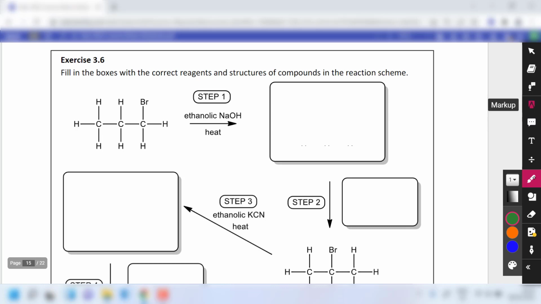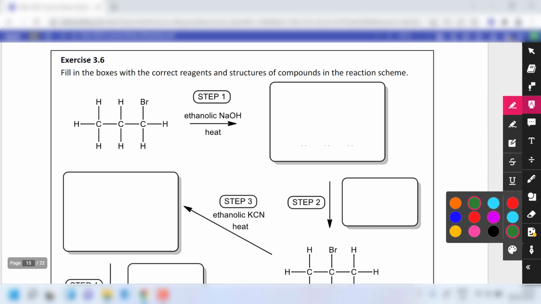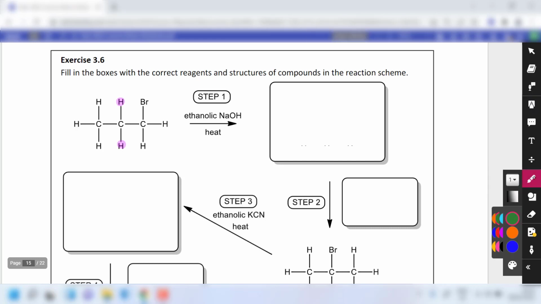Let me just highlight the beta hydrogen. So this is alpha, so beta hydrogen is here. There's only one unique beta hydrogen, so I'm only going to get one unique product, which is propene. The question asks for structures, so I do not need to draw displayed formula. I just need to draw out skeletal structure.